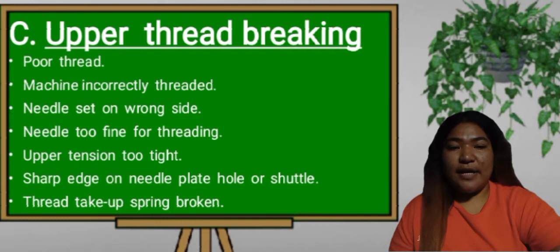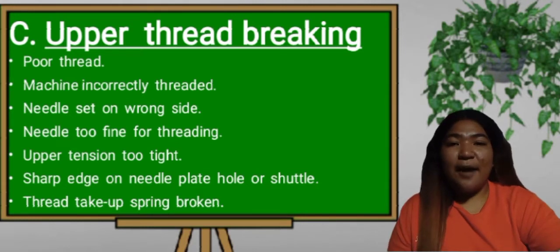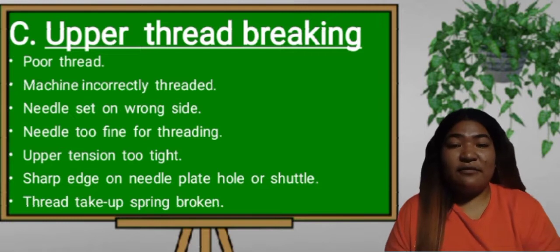Upper thread breaking. A broken upper thread means the sewing machine has failed to operate normally and is not able to sew the fabrics firmly.